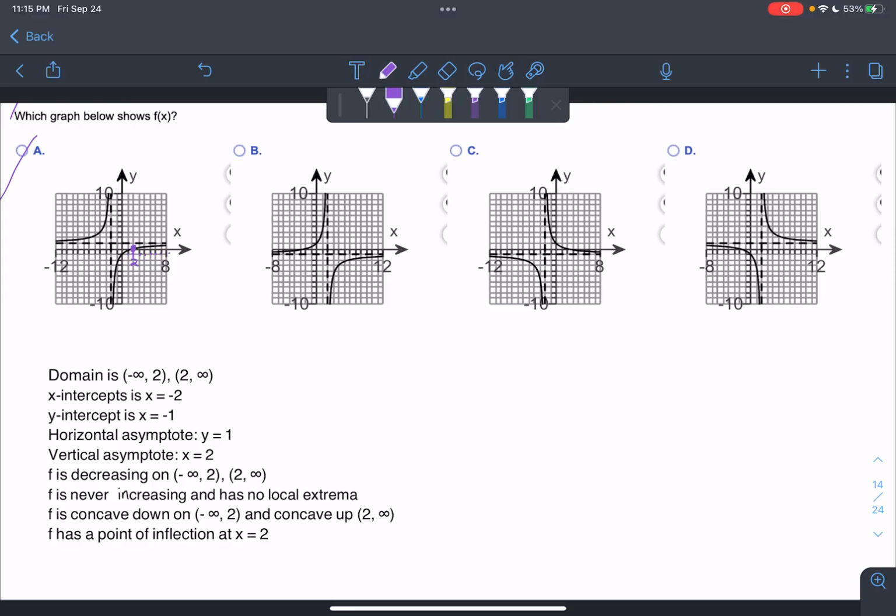For the same reason, C looks defined, and it looks defined in D as well. So that kind of makes our life easy with B, because we said that there's a vertical asymptote at x equals 2, which I wish they would make these graphs a little easier to read, but that's 2, and that kind of matches with that part.